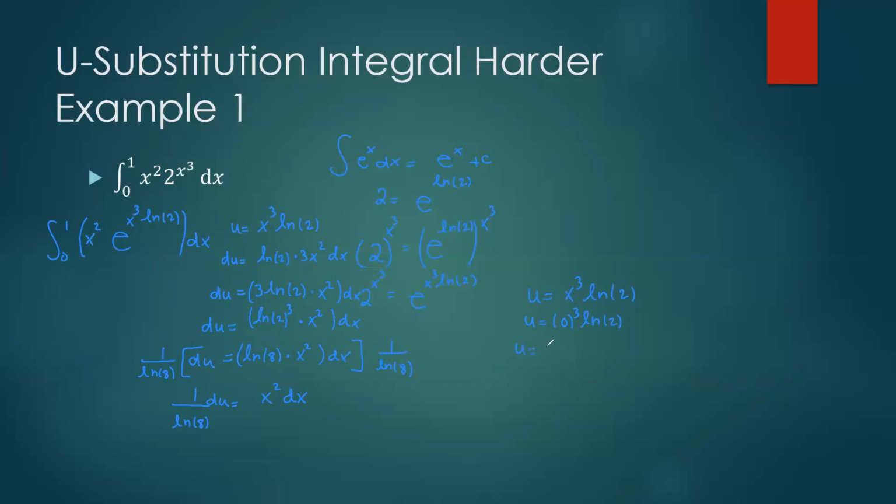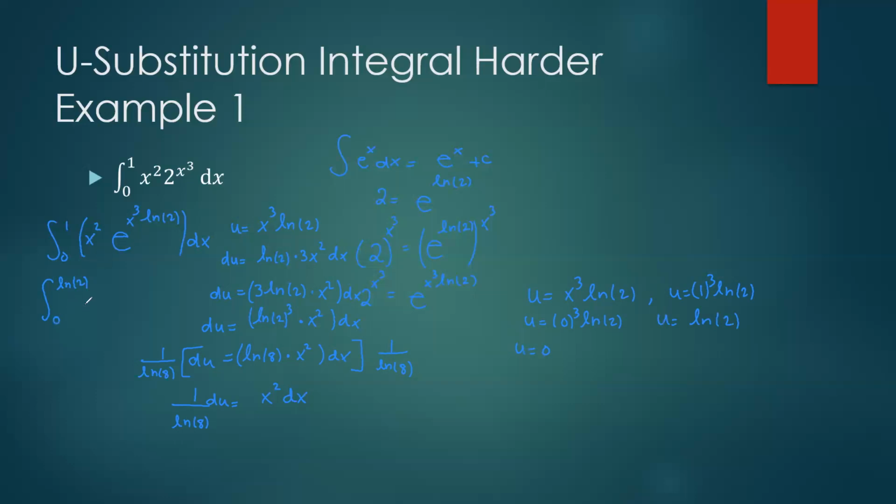That means u equals 0. And then what's our other u? It would be 1 to the third ln of 2. So it would be 1 to the third is 1 times ln of 2, that's ln of 2. Okay, so we can rewrite this problem. We could change our boundaries to 0 and ln of 2.